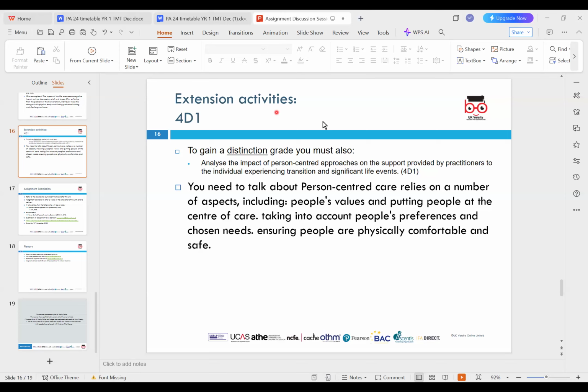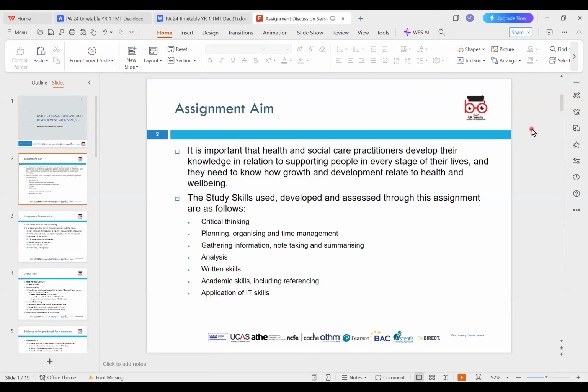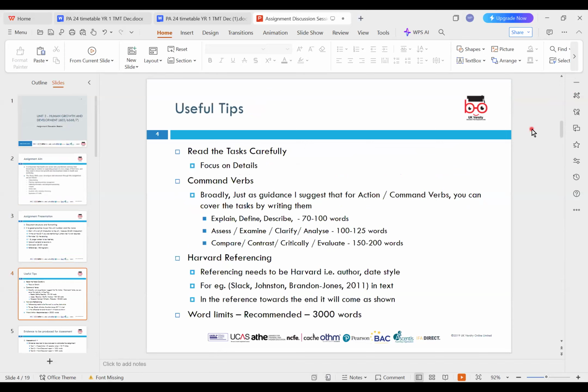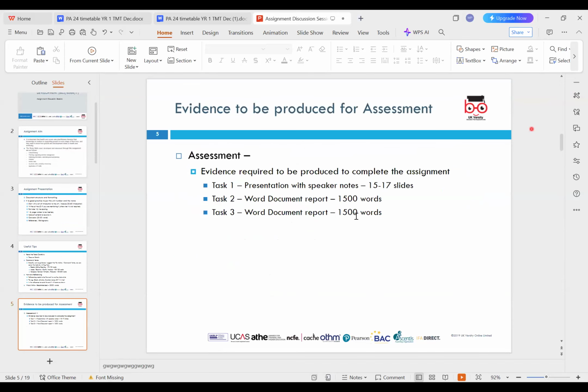An assessment or an assignment is the same thing. You are submitting all these tasks together: task 1, task 2, and task 3 should all be submitted.